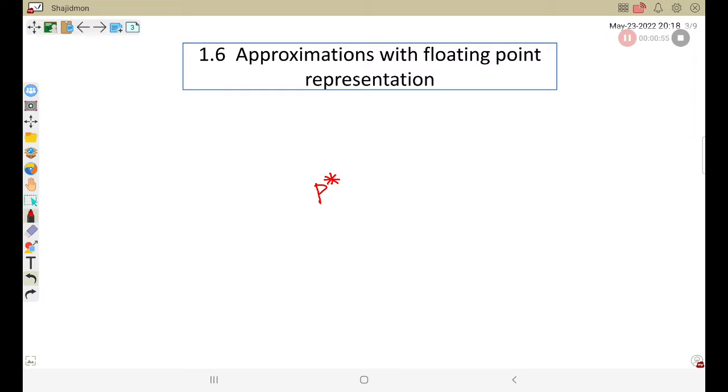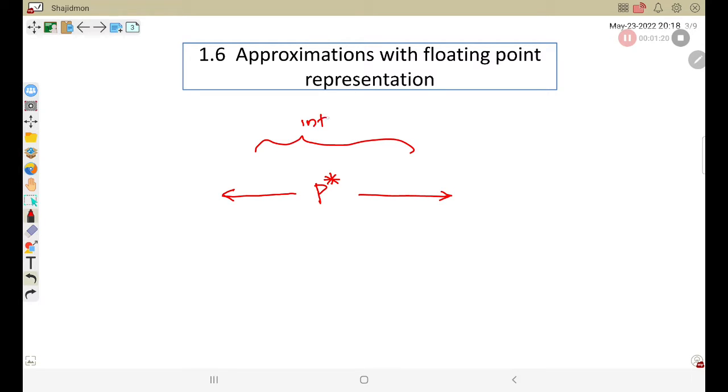That means how we get the approximate value by fixing some maximum relative error, a number like 10 power minus 5 or 10 power minus 3. What will be the interval containing the p star number? We are calling it an interval.